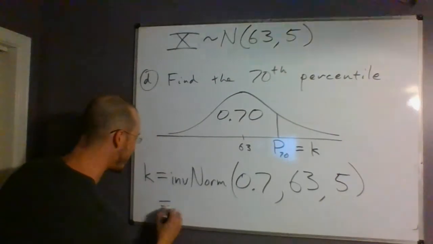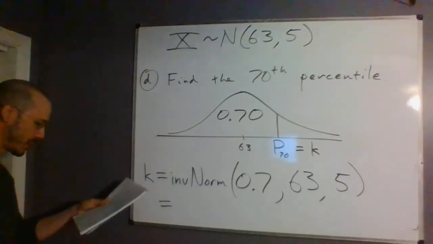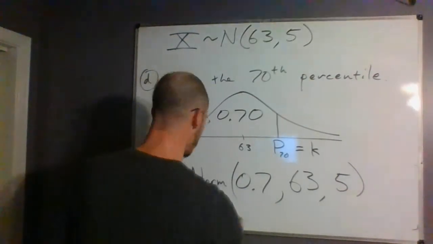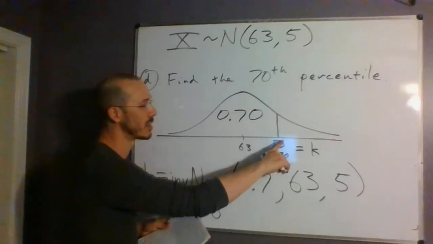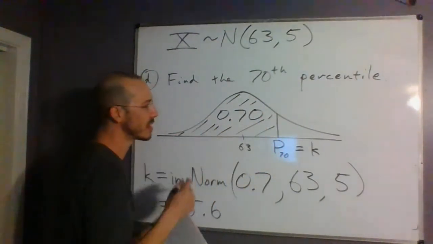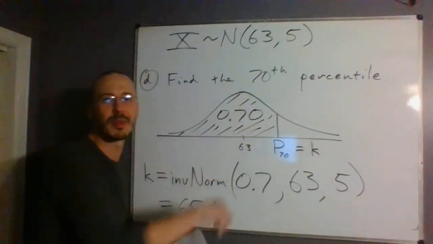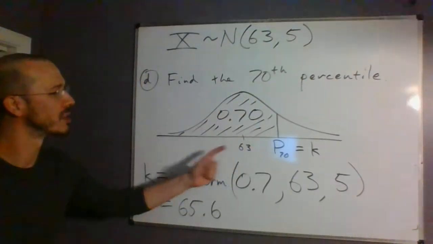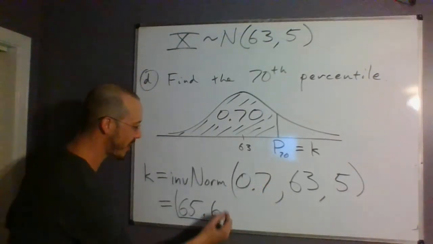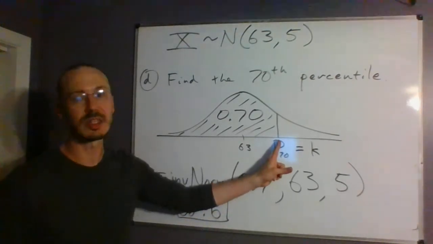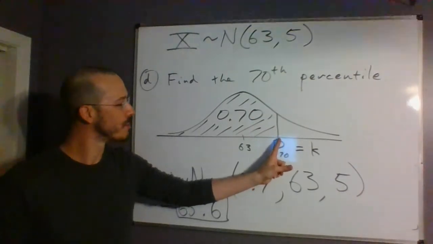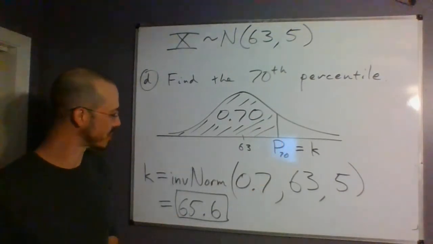And I hit enter once I've got that entered, and it gives me 65.6. That's probably a pretty good location for it. The area to the left, I didn't shade it initially because I labeled it, but that's the shaded area now to the left. That is a score of 65.6. You can see it's a greater number than the 63, of course, because it's to the right. But that's the 70th percentile.